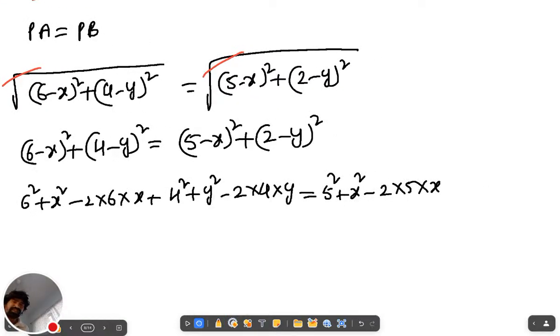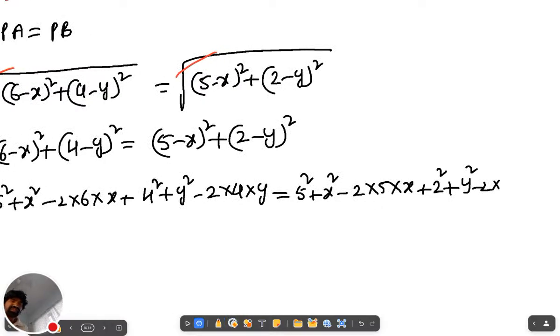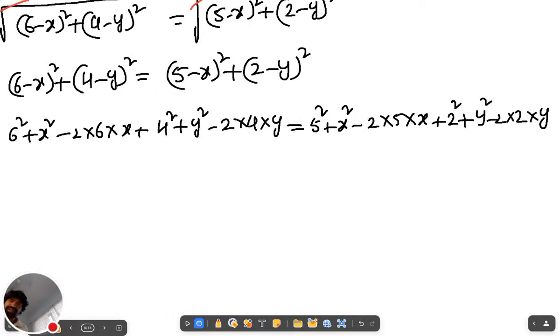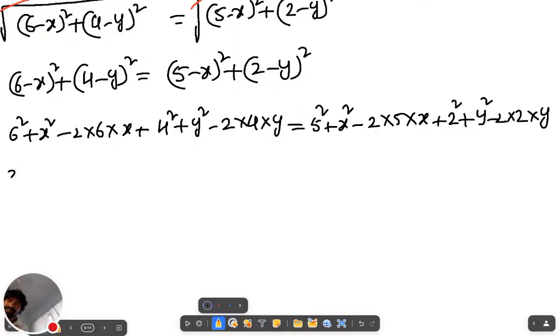Next, 2 minus y whole square, a minus b whole square formula: a square plus b square means y square, minus 2ab, minus 2 into a into b, a into b means 2 into y. So 6 square is 36 plus x square minus 2 into 6 into x, so 12x, plus here 4 square is 16 and y square as it is.